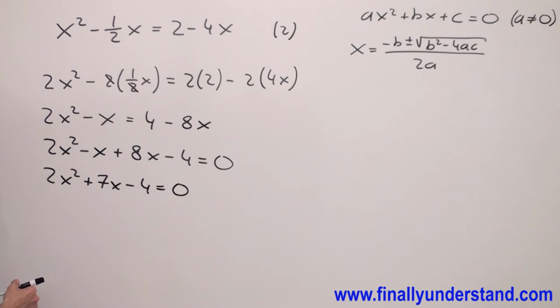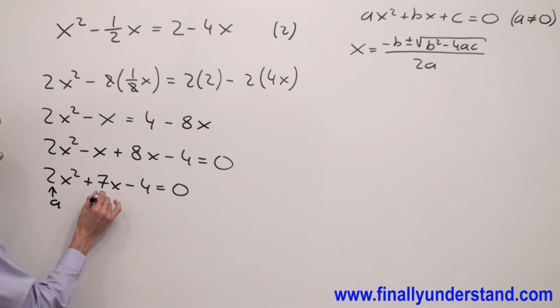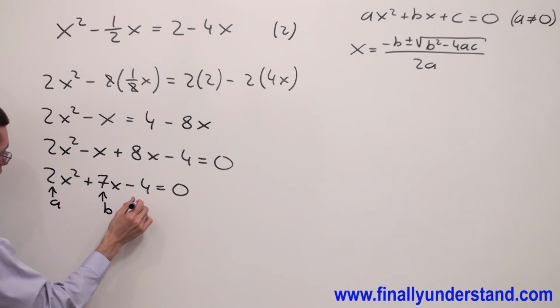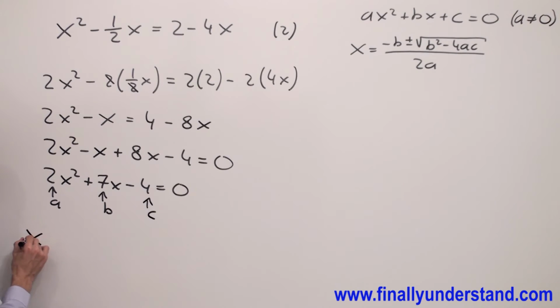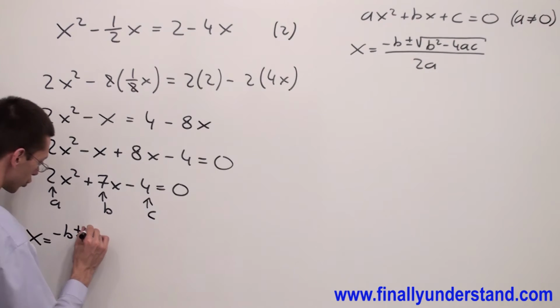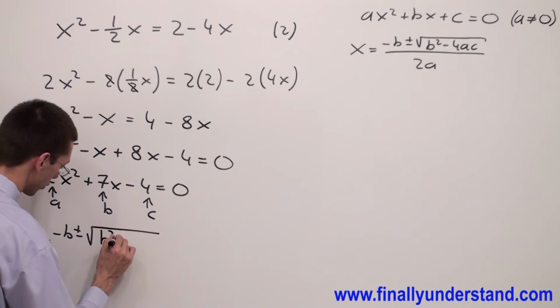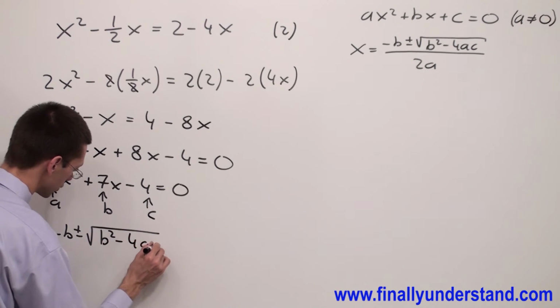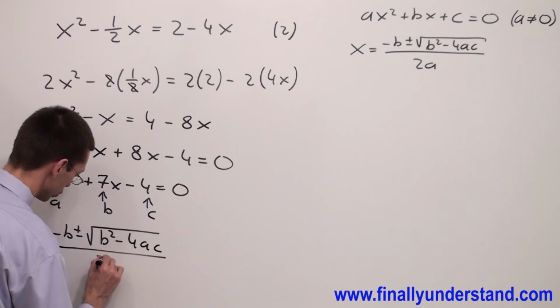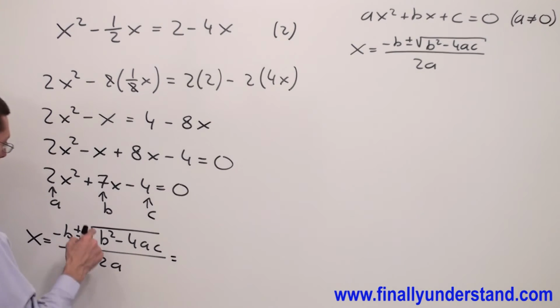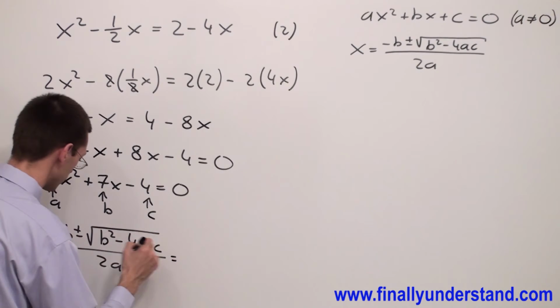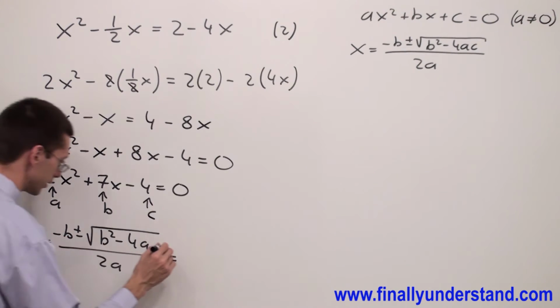Now we can apply the quadratic formula, because this is my a, this is my b, and negative 4 is my c. x equals minus b plus or minus the square root of b squared minus 4ac, over 2a. Okay, so b is equal to 7. That's why I have to copy down this negative sign.